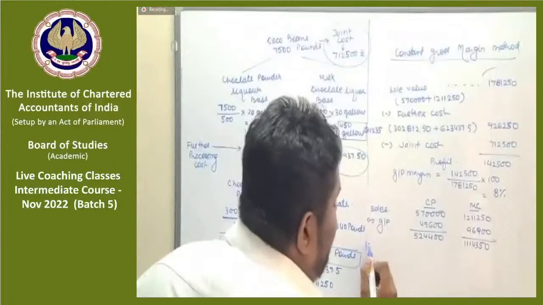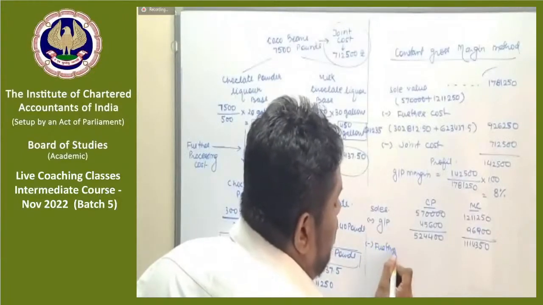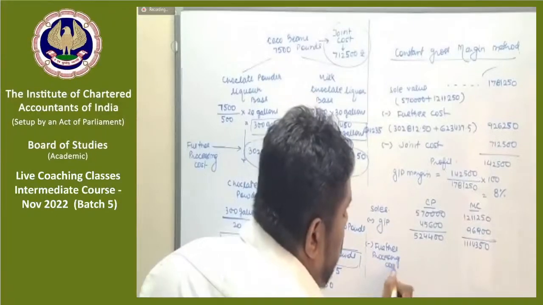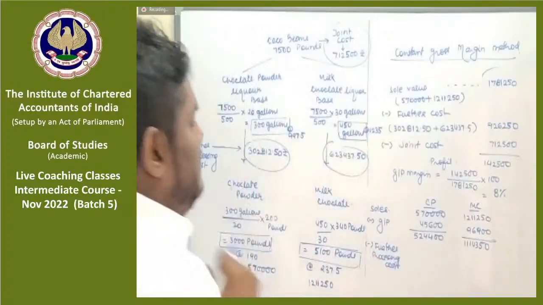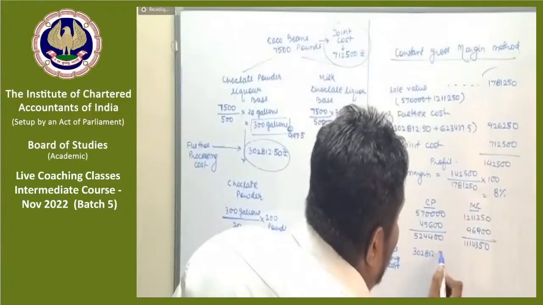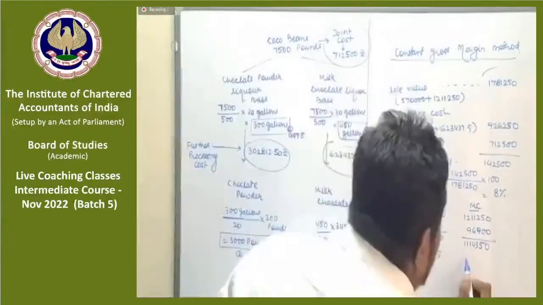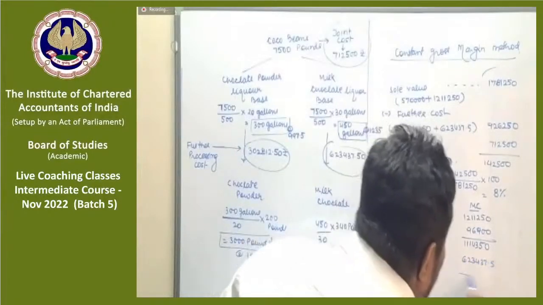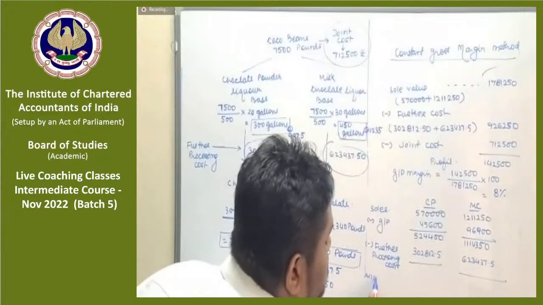In this, if we deduct the further processing cost, that is 302,812.5 and 623,437.5, we will get the allocated joint cost.